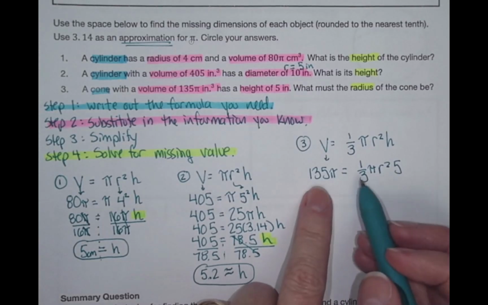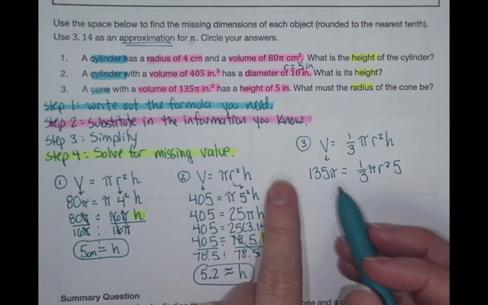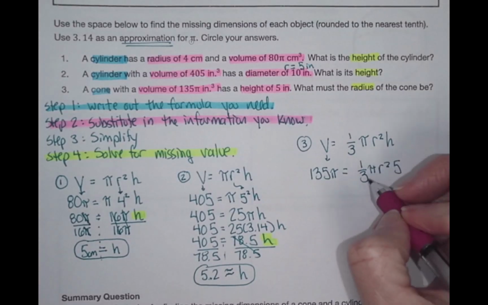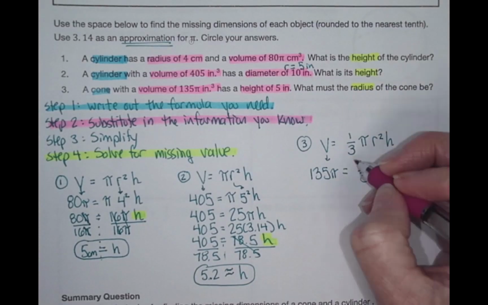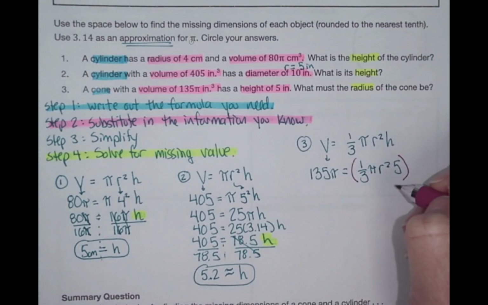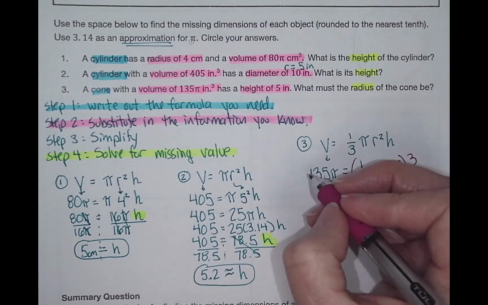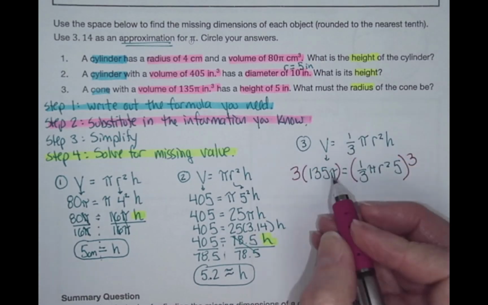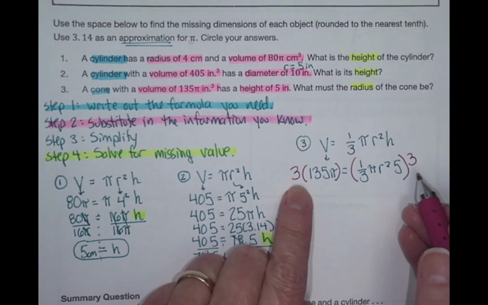All right, well, this time we have a cone, and it's got this stinky fraction in here. And I want to remind you that we have a way to clear the fractions. We have a balancing move where we can clear the fractions. Let me remind you, if I have all of this stuff on the right times 1/3, I can multiply it by 3. 3 times 1/3 is just 1. It'll cancel that 1/3 right out. I just have to remember to stay balanced on both sides.